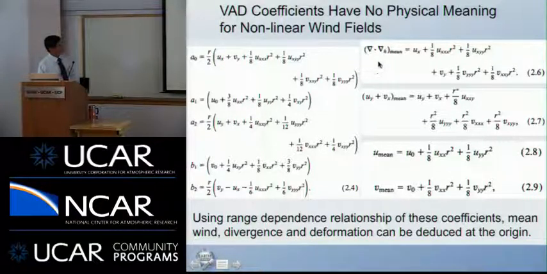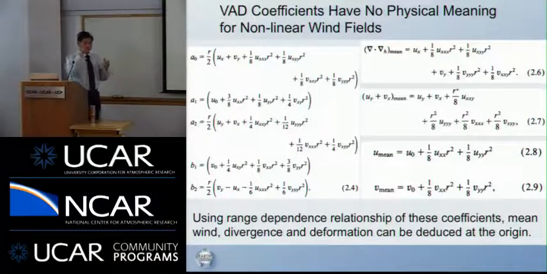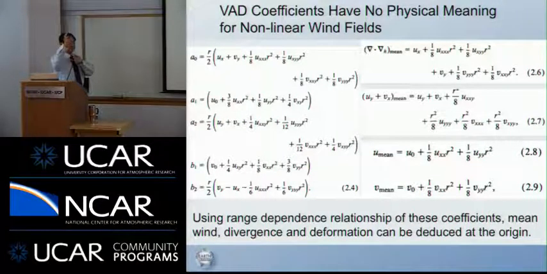Kaya and Zawadzki show that if you do the math, these are the actual physical quantities represented by these nonlinear wind field. Okay. In the linear sense, in the coefficient comparison, there's a 1-to-1 correlation: A0 with divergence, A1, B1 with U0, V0, A2 and B2 is the deformation field.